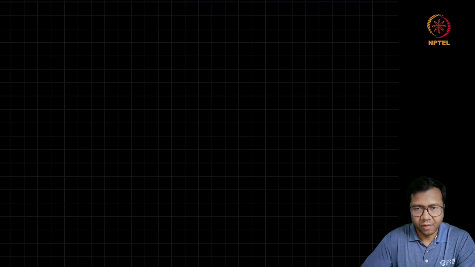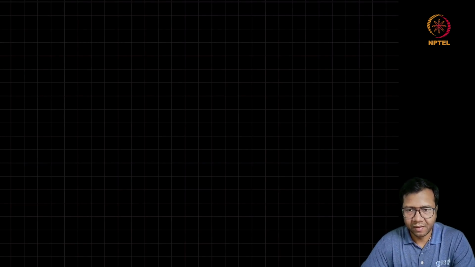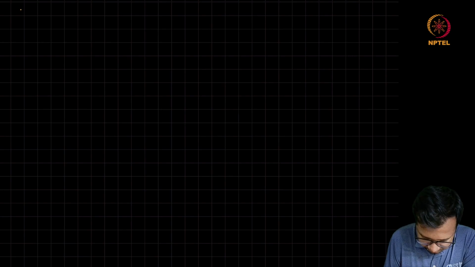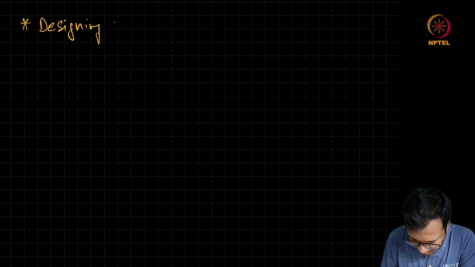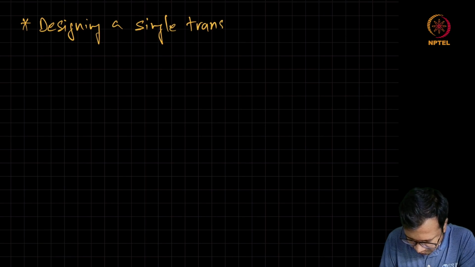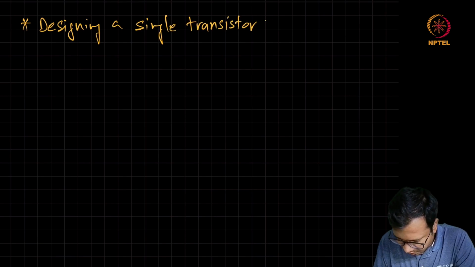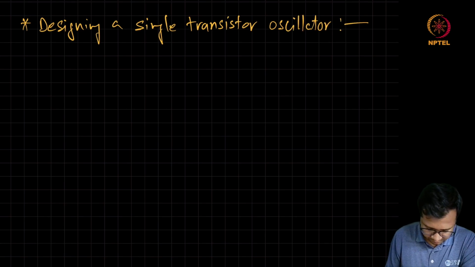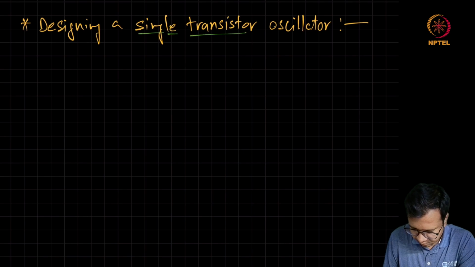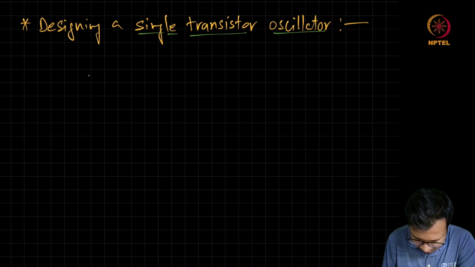Now, if we want to design an oscillator using this single transistor negative resistance, designing a single transistor oscillator, we can redraw the circuit.